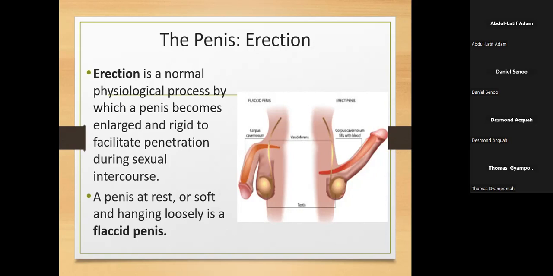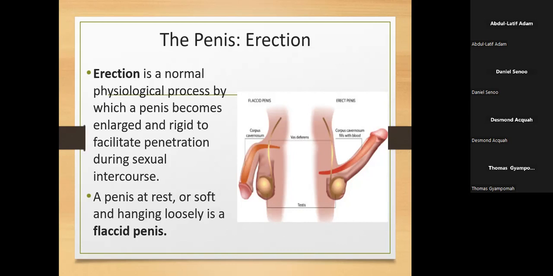So for that procedure to be successful, the penis will have to be in a rigid form that will allow for penetration. I'm saying that it doesn't mean that whenever there's an erection, it is for sexual intercourse, because there are a lot of situations that could cause the penis to erect without necessarily being for sexual intercourse. For now, I'm sure you know this already.